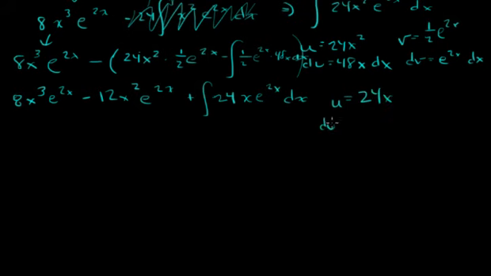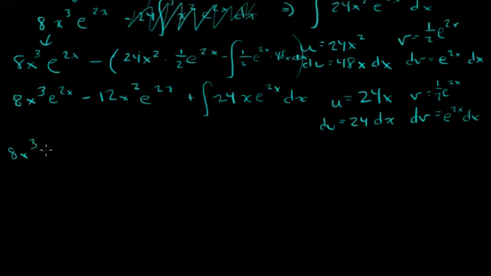Now this time there's no x term, so we're just going to have whatever the integral of e to the 2x is. We're going to again let dv be equal to e to the 2x dx. And when you integrate that, you get 1/2 e to the 2x. And that makes sense.